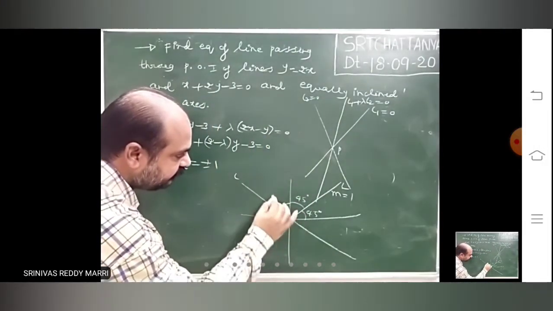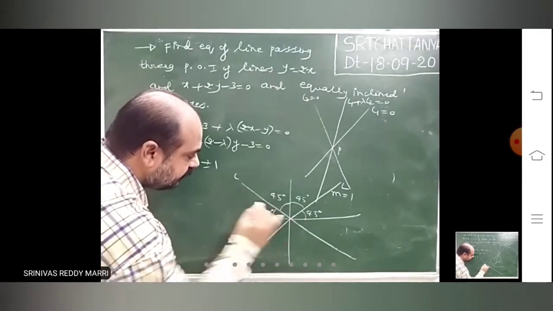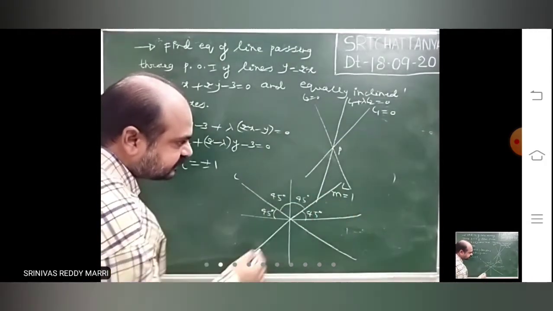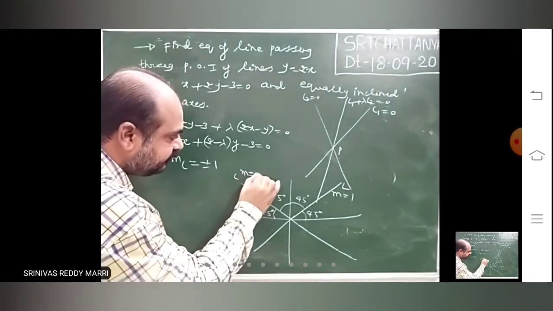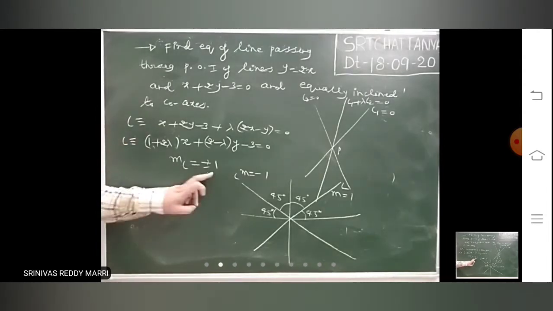This is 45 degrees. If this is the line, slope is 1. If this is the line, slope is minus 1.